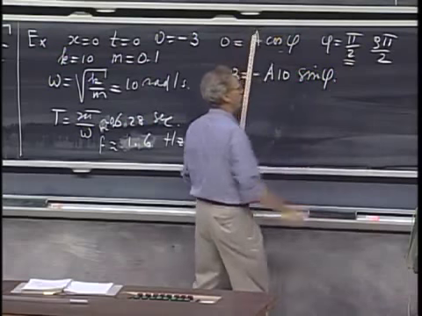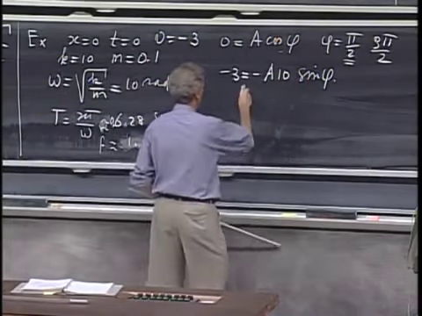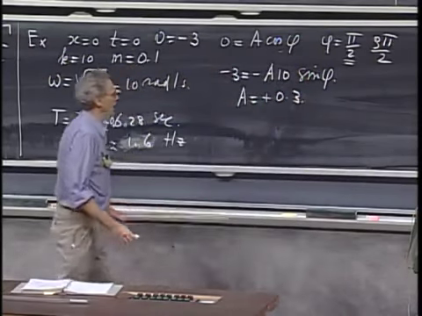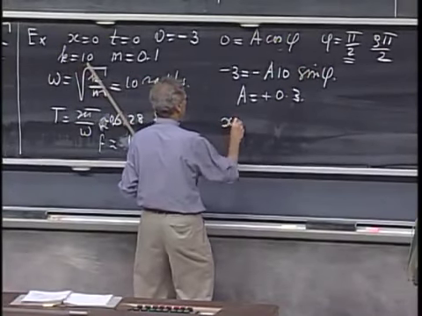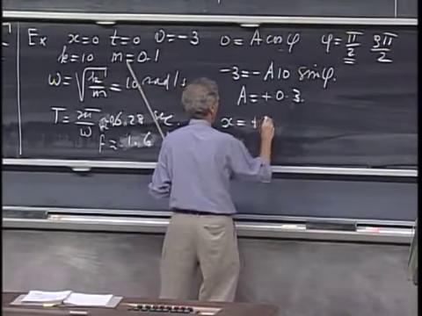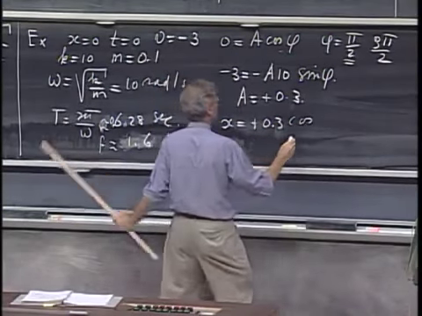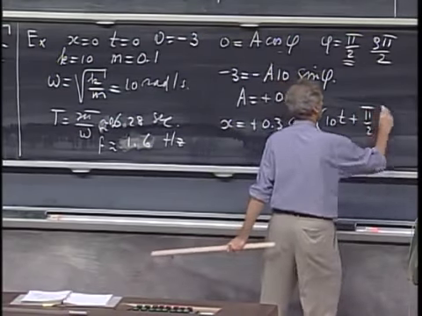If I pick π over 2, then the sine of φ is 1. And so you find immediately that A equals plus 0.3. And so the solution now, which includes φ and A, is that x equals plus 0.3 times the cosine of 10t plus π over 2.